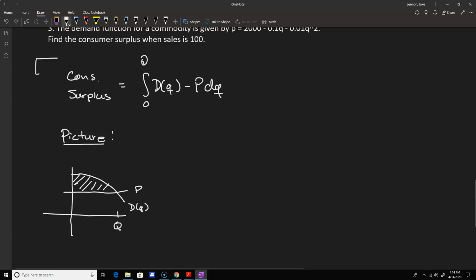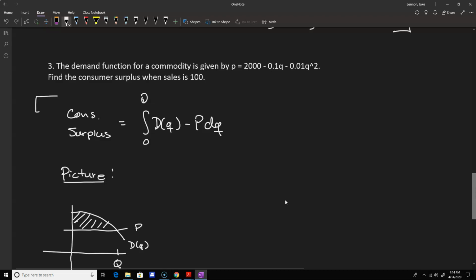So the demand function is given by that lowercase p value there, and they want to find the consumer surplus when the sales is 100. So we want to find capital P first.